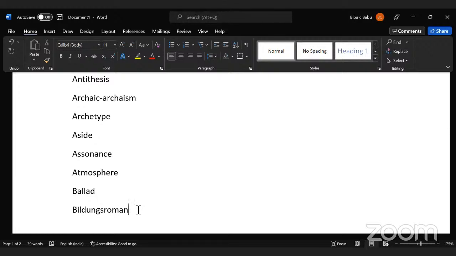We narrate the story of the character from birth to death. The growth of the character is narrated, psychological, moral, spiritual. That is the growth of the character from youth to adulthood. Charles Dickens' David Copperfield is a Bildungsroman. Jane Austen's Emma is a Bildungsroman. These are examples of Bildungsroman.